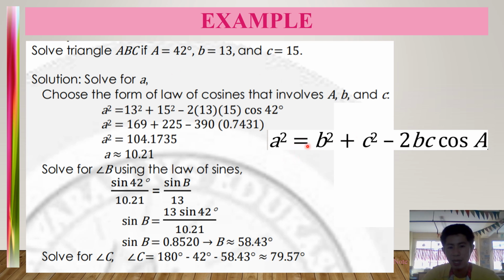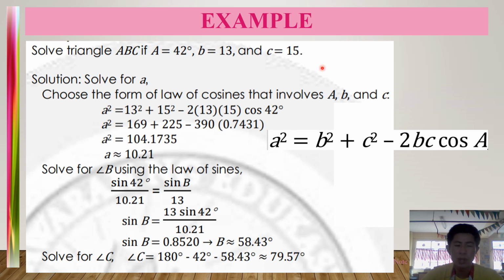So, this time, ang gagamitin natin ay eto, na a squared is equal to b squared plus c squared minus 2bc cosine A. Given kasi yung b, given yung c, given yung A. So, small letter a ang nawawala. Meaning, yung length ng side a, that is missing. So, pwede natin siyang gamitin kasi a lang yung nawawala, small letter a. The rest, meron siyang given.